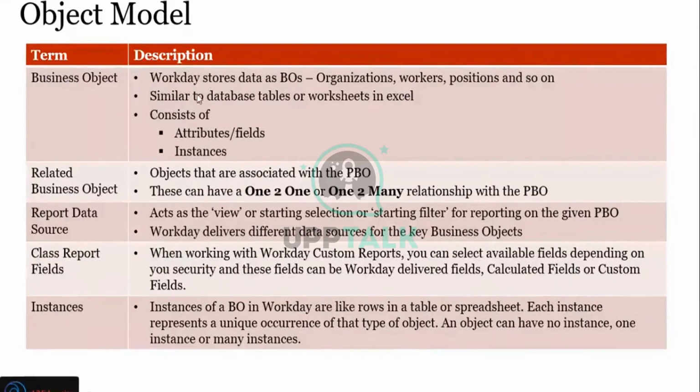Then there are instances of worker. You have this business object called worker that Workday has delivered. Now I have 10,000 workers in my organization, or 10,000 employees. Each of these employees is an instance of the worker business object.